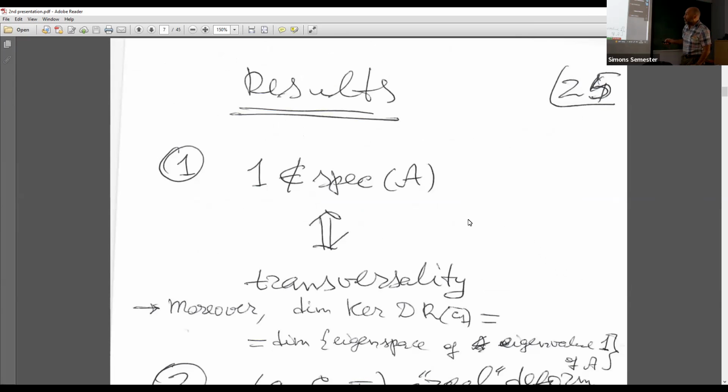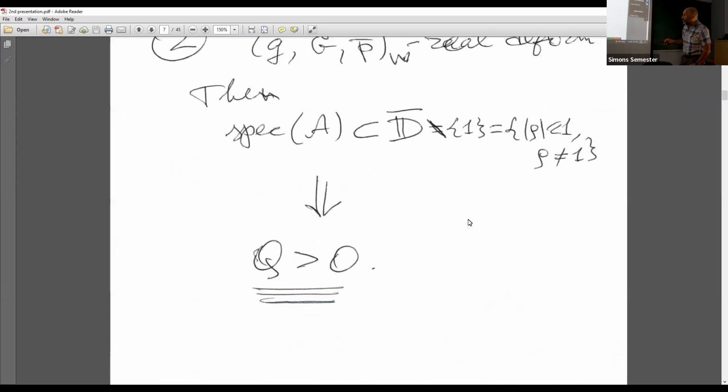And moreover, if one is in the spectrum, that means this determinant is zero, so there is some non-trivial kernel. The dimension of the kernel is precisely equal to the dimension of the eigenspace of one. And similarly for real deformations. If you want to prove a monotonicity of entropy, then we need to use this.